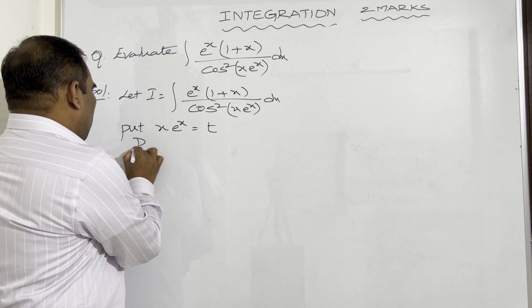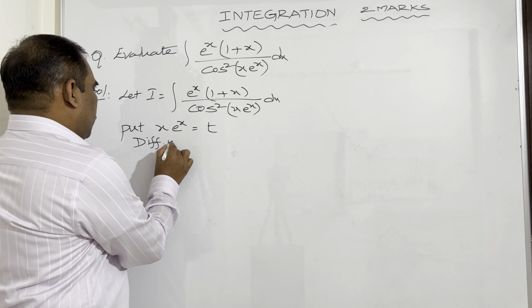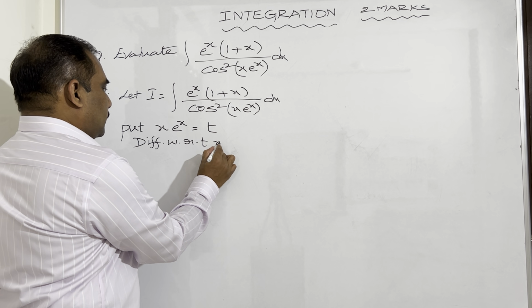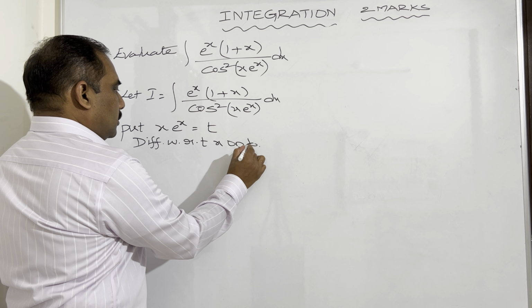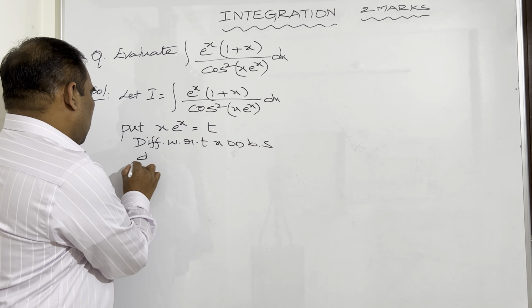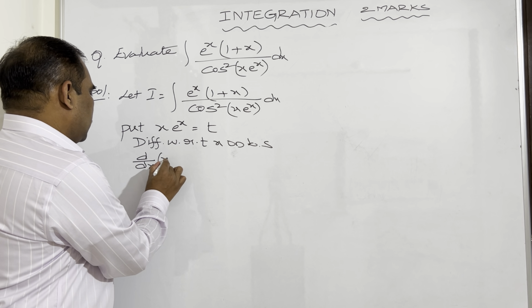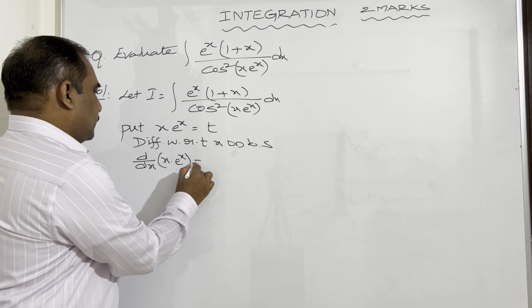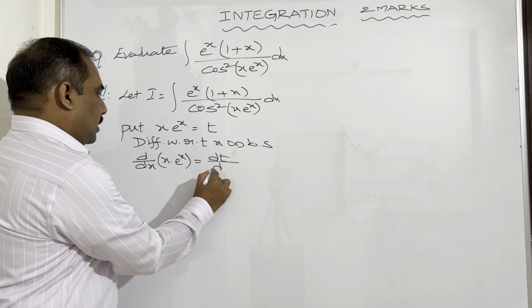Now differentiating with respect to x on both sides, d by dx of x into e power x is equal to dt by dx.